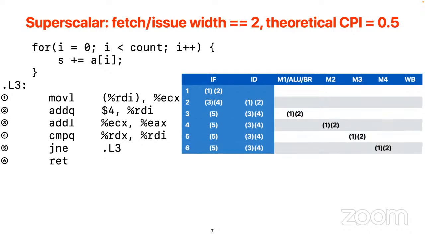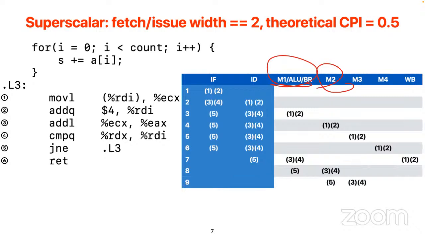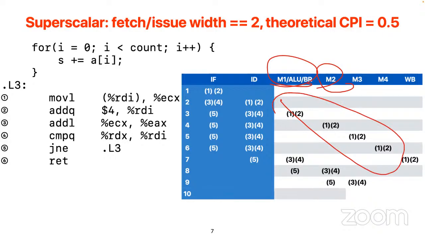So right now, what you can see here is that although we have functional units like ALU, branch, and memory units, the best we can do is only have 2 instructions at this cycle in different stages in the memory pipeline. However, the ALU is totally wasted, right?